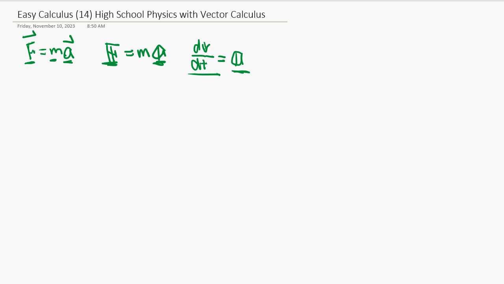If you have a location vector, for example x, y, z, you take some location, and that is the r vector.